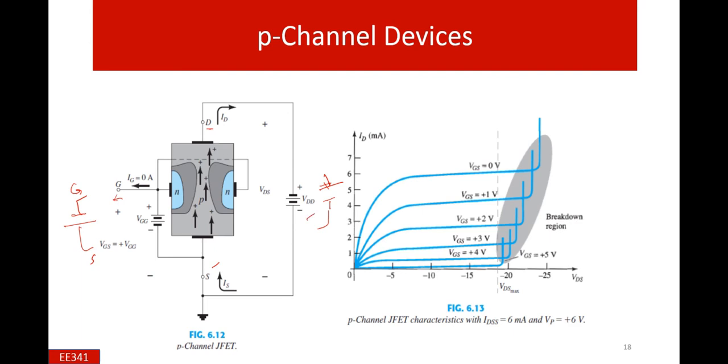And the behavior of this P channel device is observed here. This is the negative sign. This polarity represents the measuring of the potentials, so this is the VDS potential.